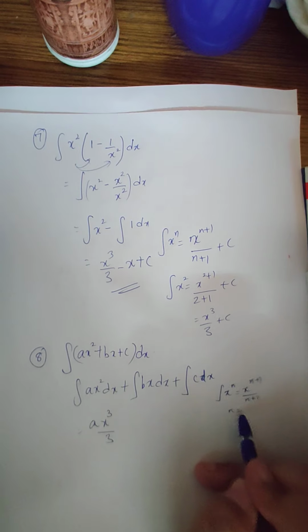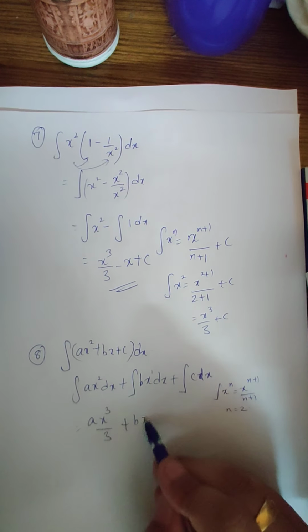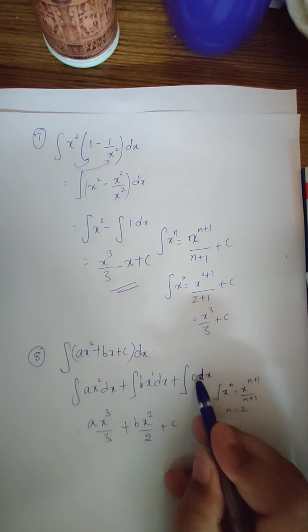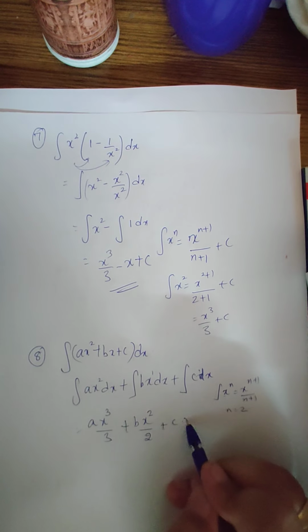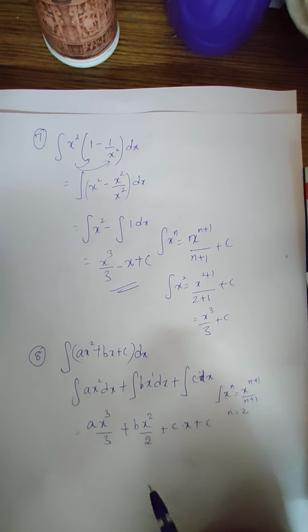So n is 2. So plus b into x power 1, n is 1 here, using the same formula, x power 2 by 2, plus c into integration of 1, which will be x plus c. So ax cube by 3 plus bx square by 2 plus cx plus c.